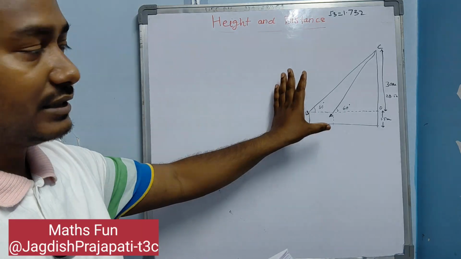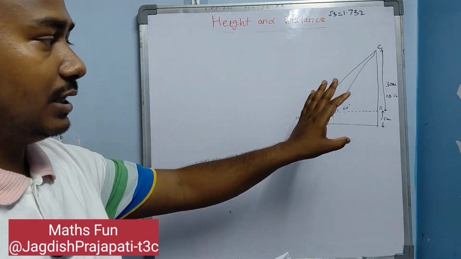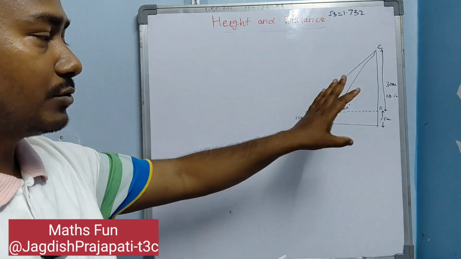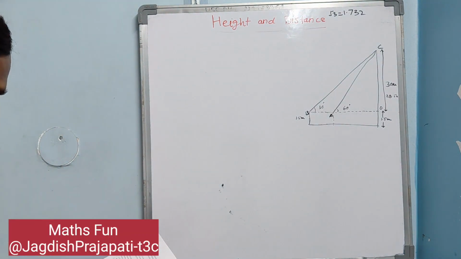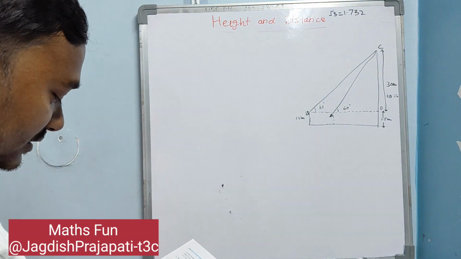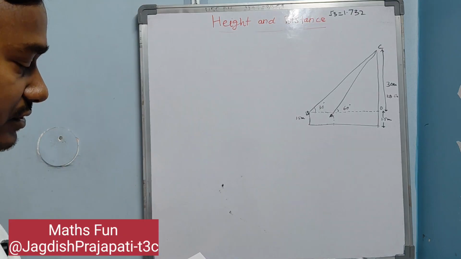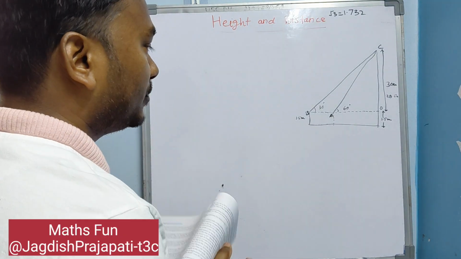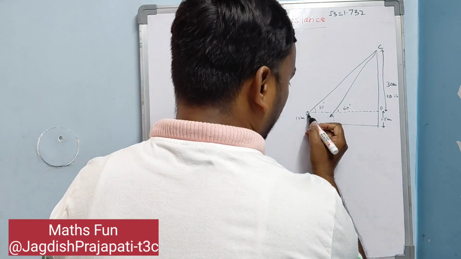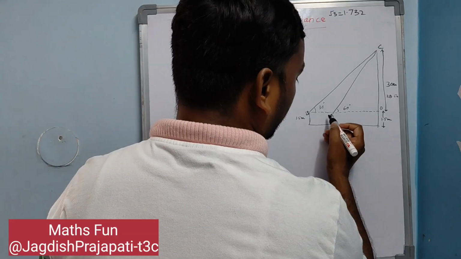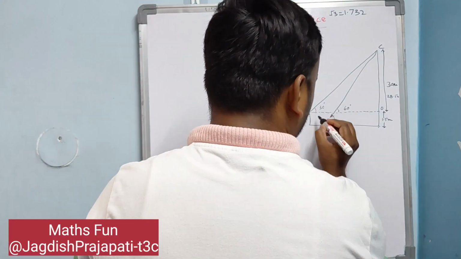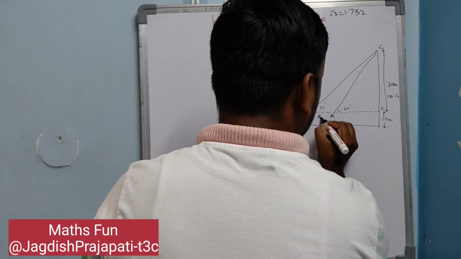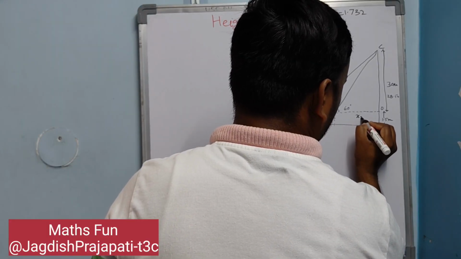So now in this question you can write on your own. I am going to do the solution only. In the question we have to find the distance he walked towards the building. How much distance the boy walks from here to here, we have to find that. So let this distance be x1 and this distance be x2.